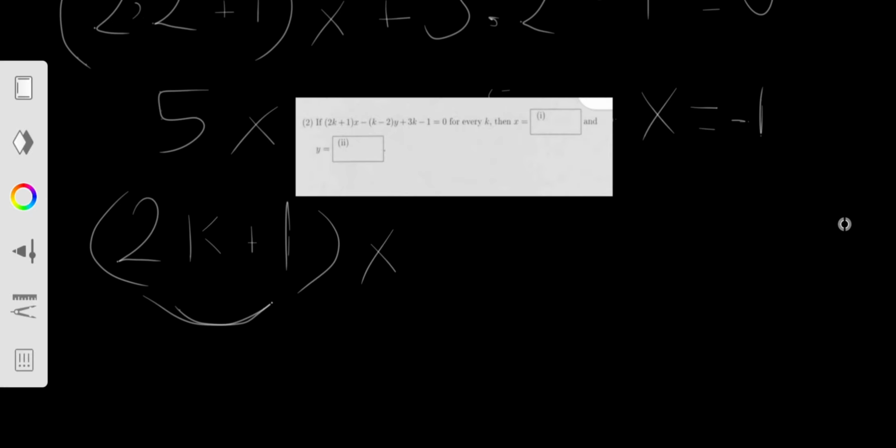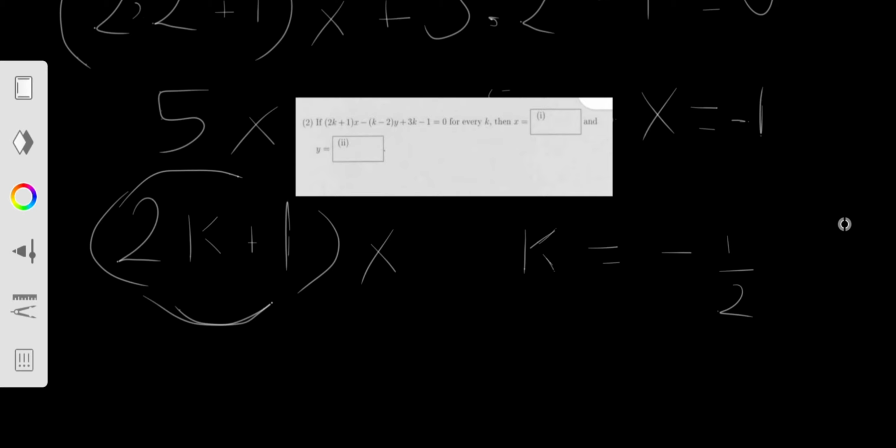Let's just continue. So this one we needed to cancel, right? For that part to cancel, we need to choose k equal to minus 1/2. Why? Well, just equal this part to 0: 2k minus 1 plus 1 equals 0.